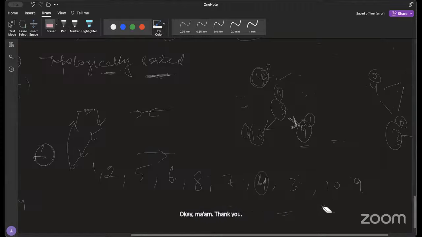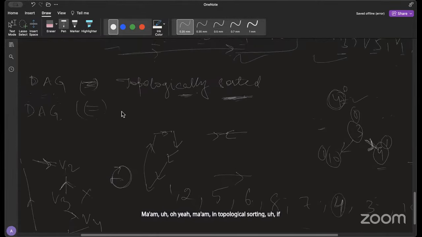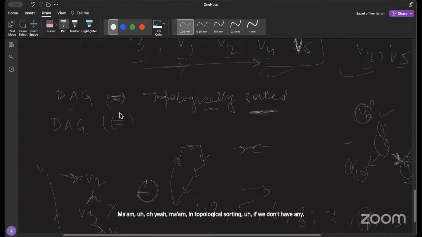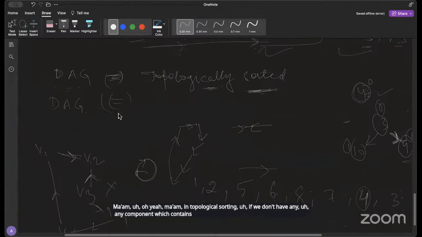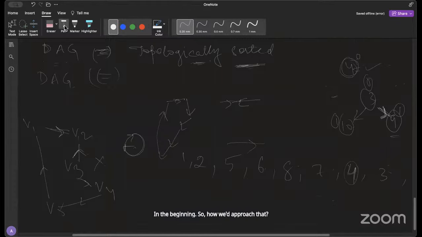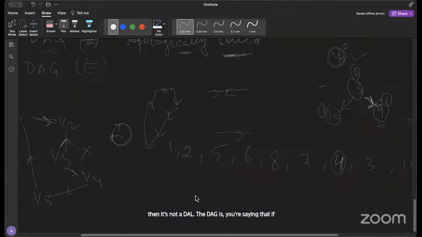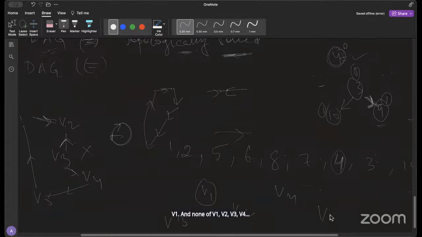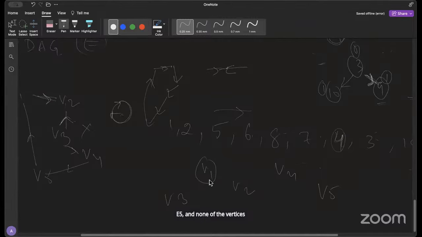In topological sorting, if we don't have any component which contains 0 in-degree in the beginning, how do we approach that? Then it's not a DAG. If you have vertices V1, V2, V3, V4, V5, and none of the vertices has in-degree 0, that means every vertex has an incoming edge.